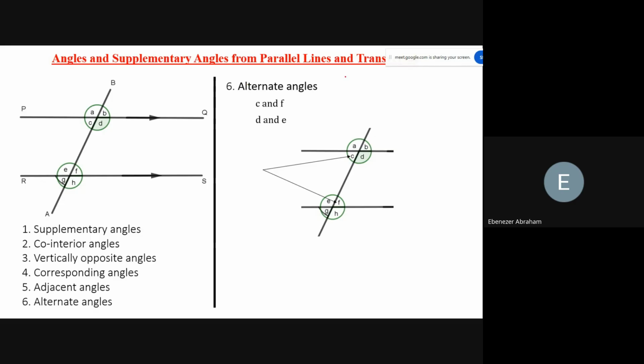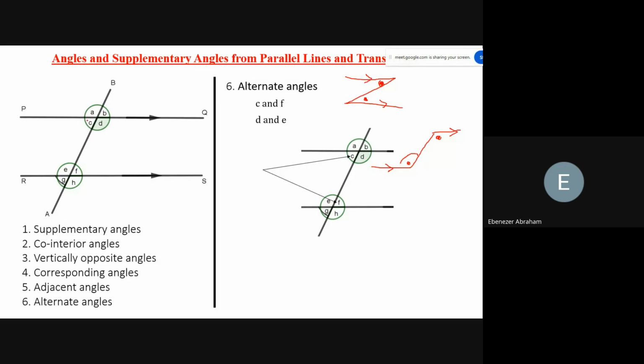Again, the lines must be parallel. So the angle you find here will be the same as the angle you find here. Or you look at a shape like this, where this and this is also parallel. So the angle you find here is the same as the angle you find here.